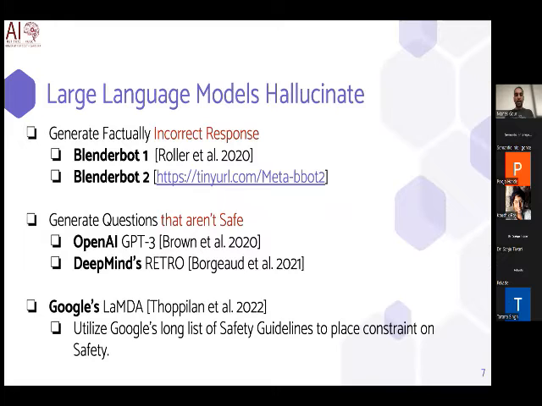For example, BlenderBot 1 and BlenderBot 2 are certainly systems that have not been able to generate factually correct responses in the context of mental health.